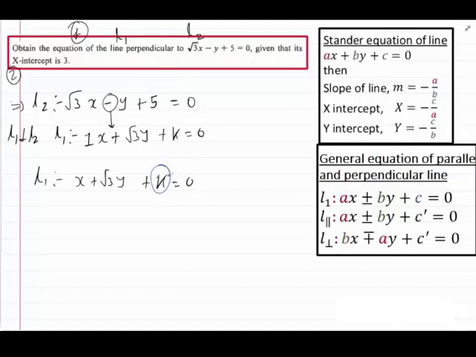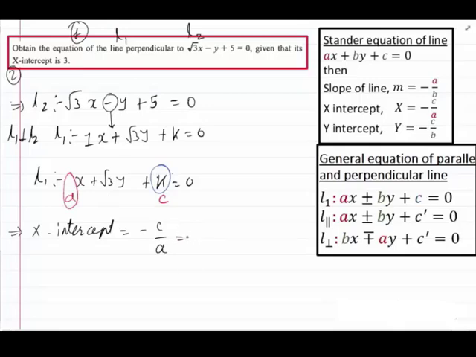Okay, now to find the value of this k, we will use the second part of the question in which the x-intercept is given, right? Now from this formula we can say the x-intercept of this line must be minus c by a, where c is the constant term and a is the coefficient of x, right?